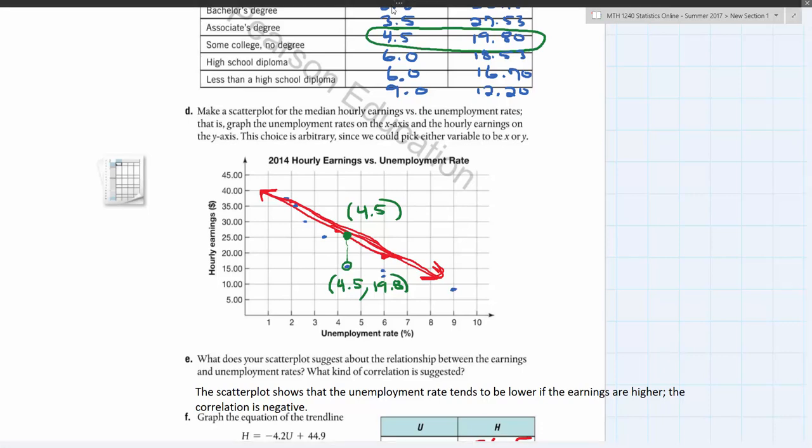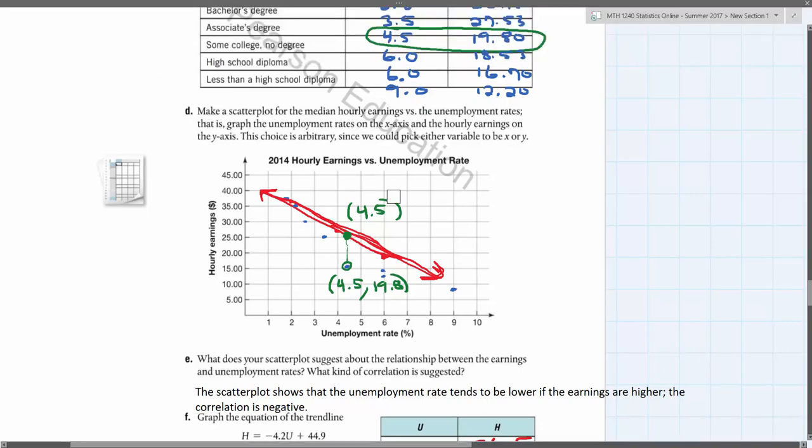And if I want to know the y value that's on the line, I could simply plug that in. So my equation is h equals negative 4.2 u, I'm plugging in 4.5, and then we would add 44.9.